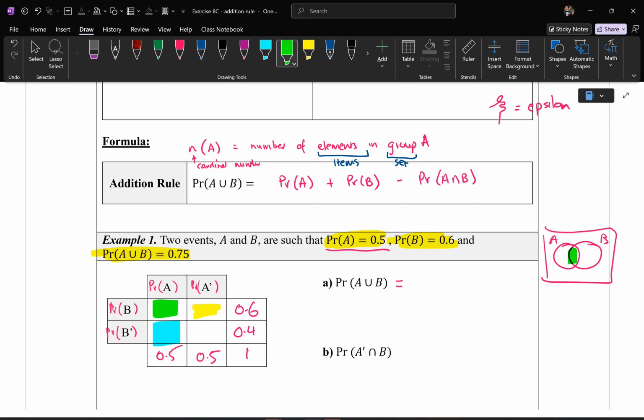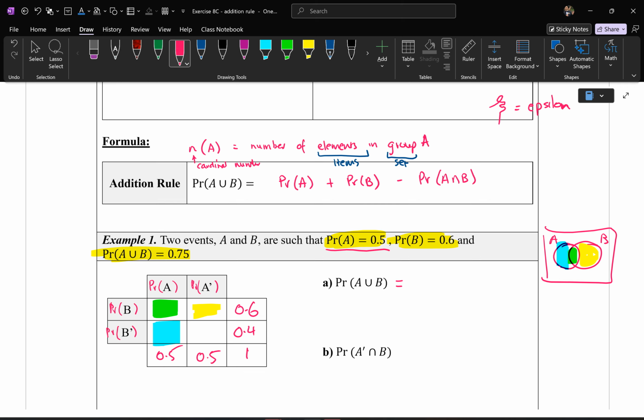A only is in blue. And then B only is in yellow. Can you see once I color all those three regions, that gives you A union B. All of A, all of B. So another way of looking for A union B is these three numbers must add up to 0.75. That's another way of looking at it.